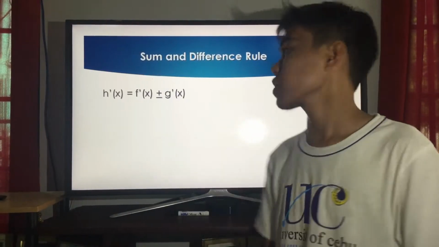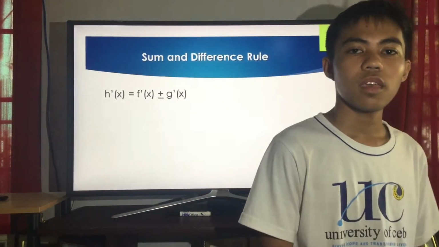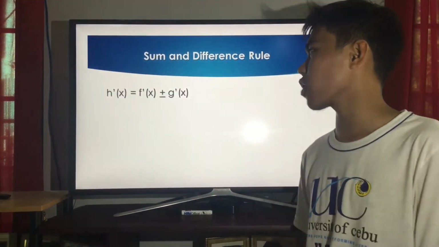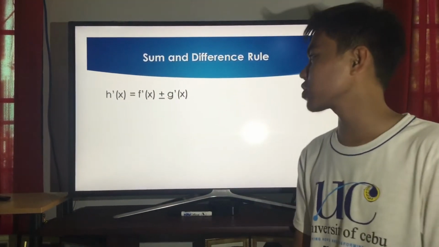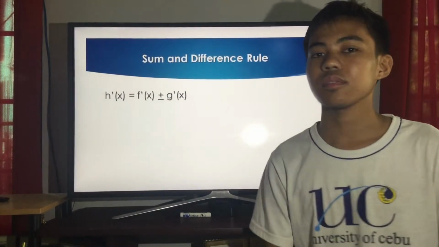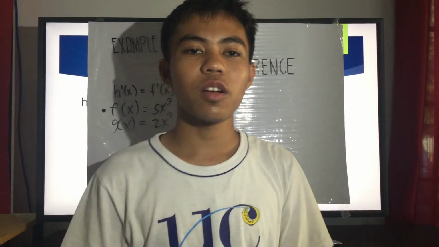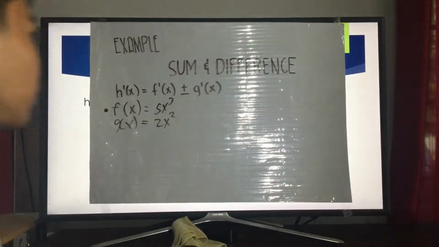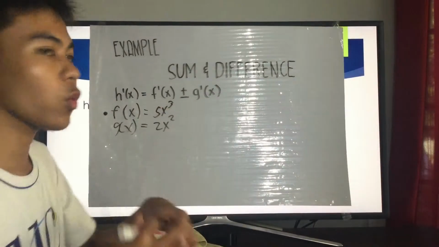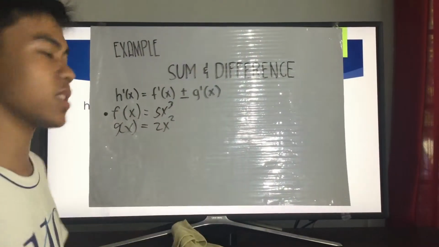Next rule is sum and difference rule. Formula of sum and difference rule is h prime of x is equals to f prime of x plus minus g prime of x, wherein we have two functions. Here is the example of sum and difference rule. So our f of x is equals to 5x cubed. So first, we have to get the derivative of f of x.